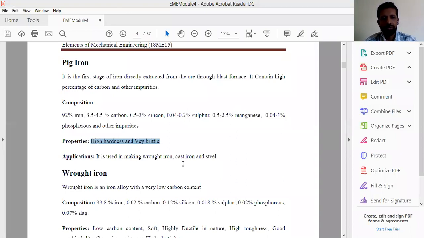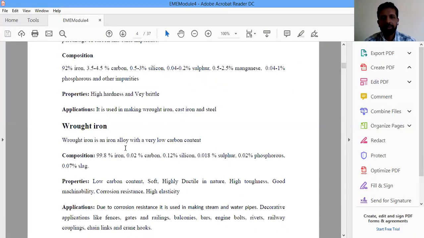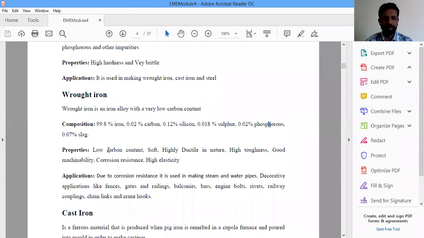Now going to wrought iron. In wrought iron, the carbon content is very low, only about 0.02% carbon, 0.12% silicon, 0.018% sulfur, and some other impurities, maybe phosphorus and all.